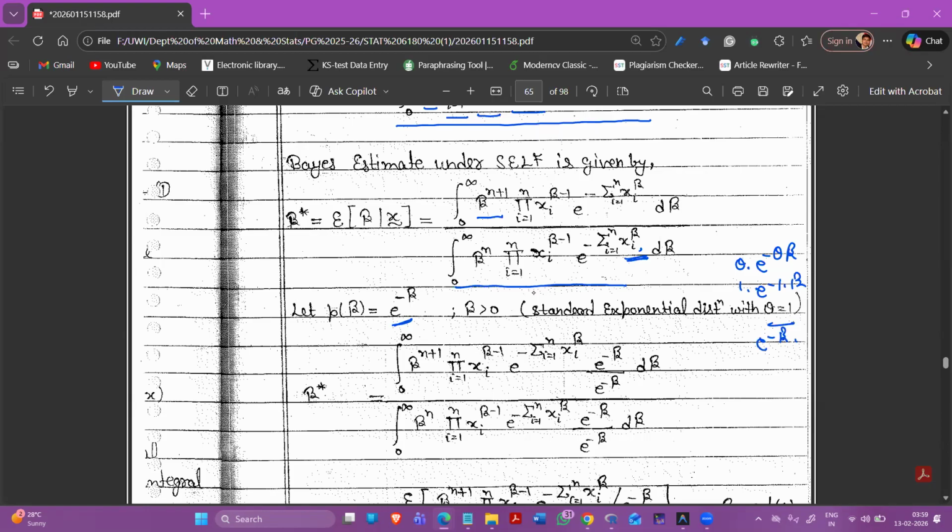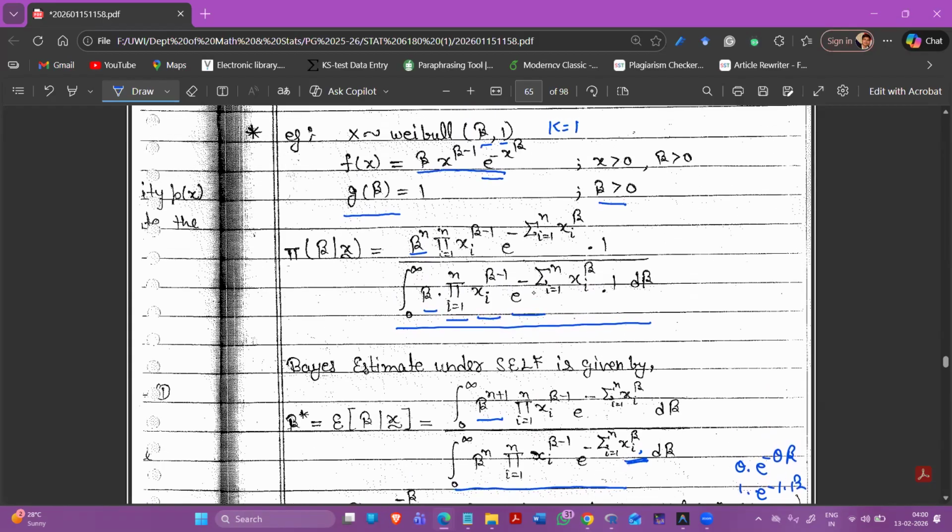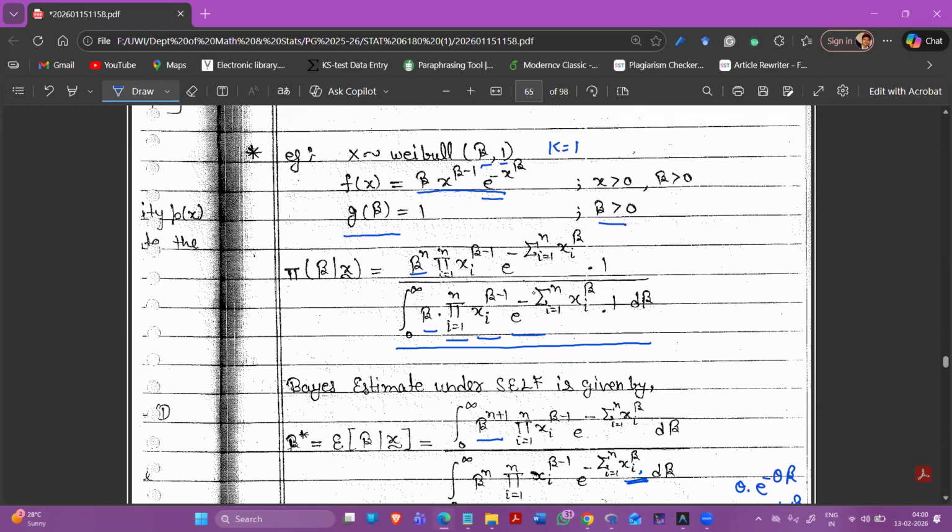So I am approximating that beta is following the exponential distribution, because what is the distribution close to your variable distribution? Exponential. Exponential is a particular case of the variable distribution or not?